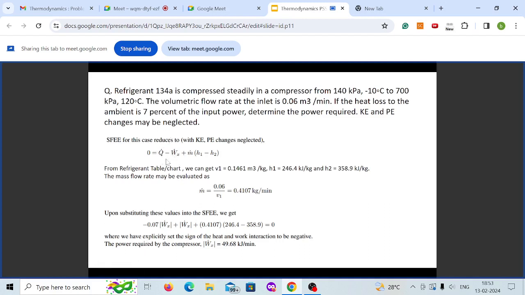So my Q is 0.07 W, and the work at the inlet is coming in negative, so Q minus W. So minus 0.07 into work plus work will be equal to plus the mass into the enthalpy difference. Substituting this, we can solve for W. It's the only variable here, so it will come out to be 49.68 kilojoule per minute.